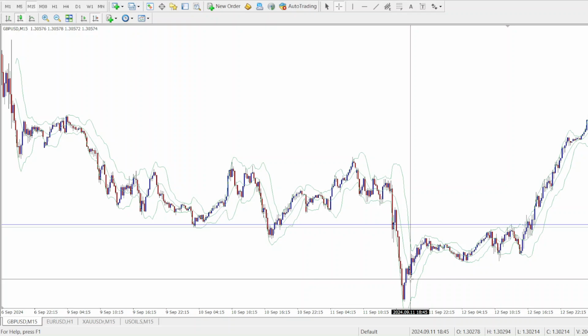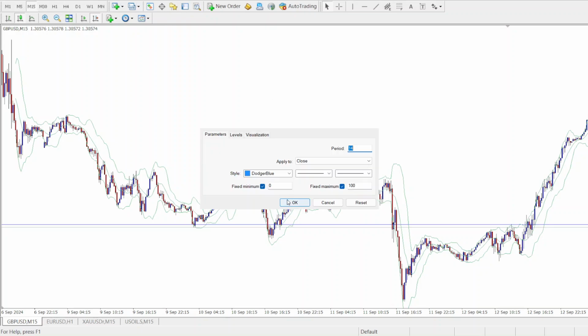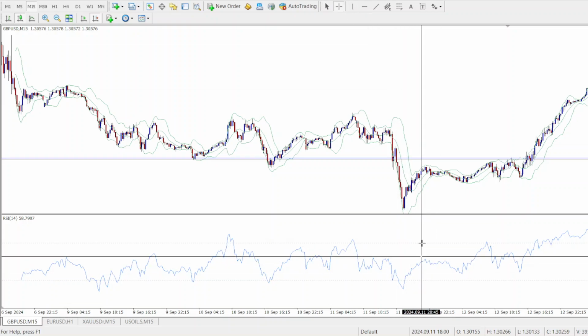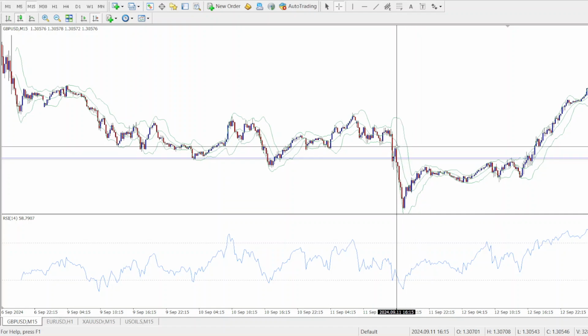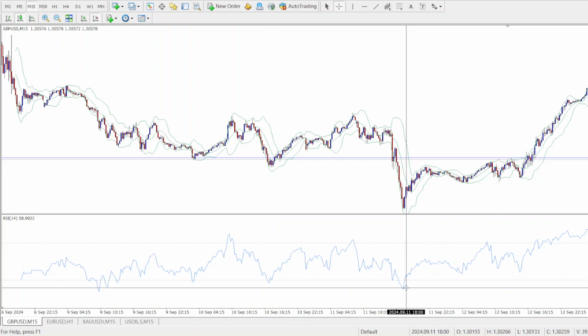You can also use additional indicators for extra confirmation. You can decide to add on maybe the RSI, for example, just to give additional confirmation. So for example, here we can see that after the sell happened for a while, the RSI entered the oversold territory.